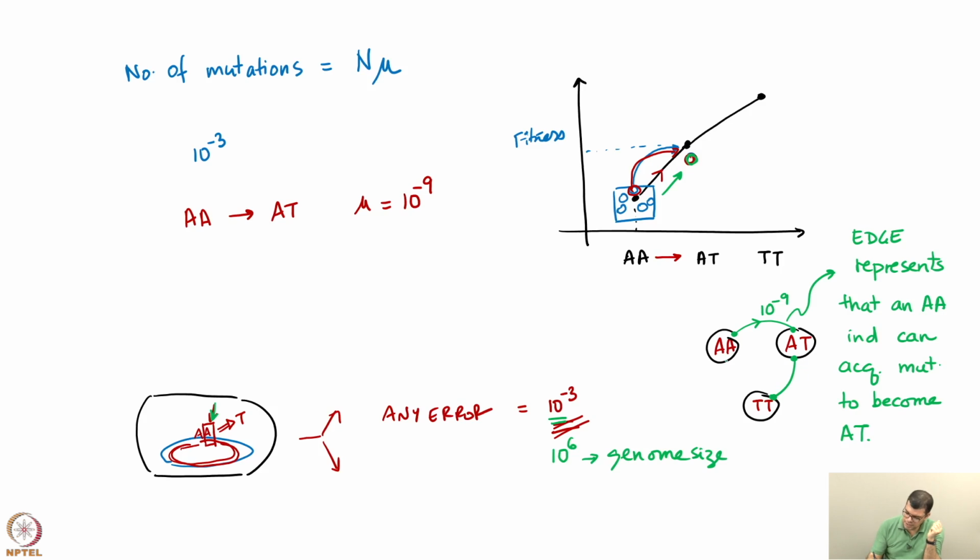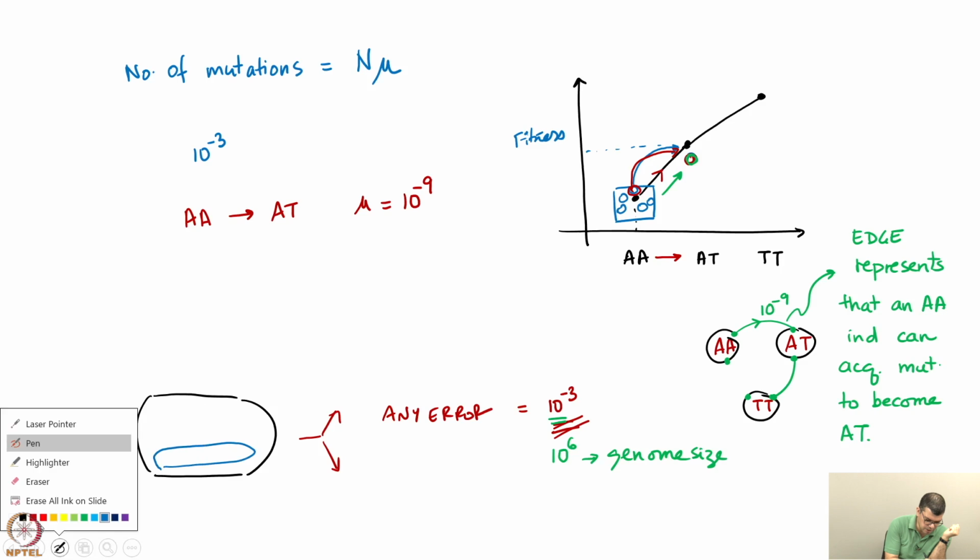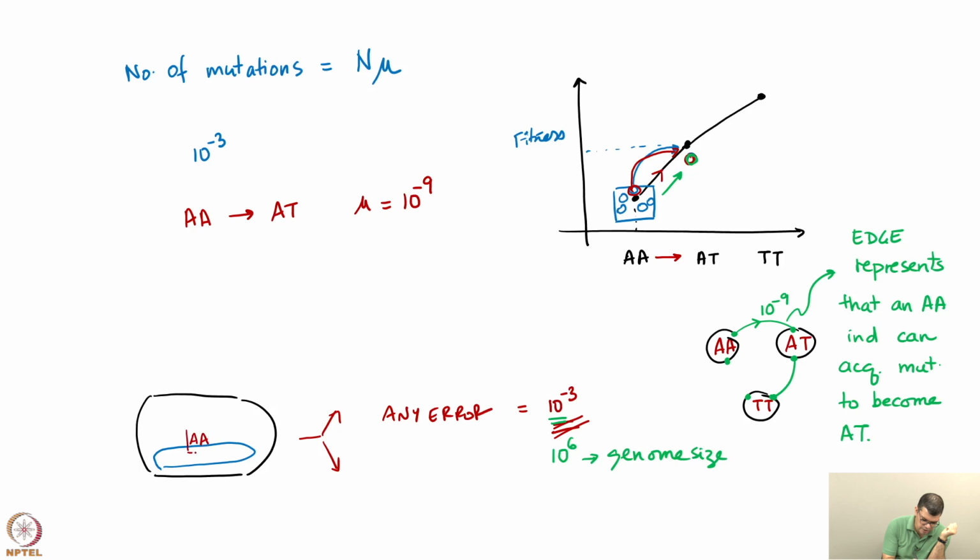Now, we want to understand why we are not connecting AA and TT. So, to understand that, if we look at this E. coli cartoon again, we see that we have this genome, and at a particular location in the genome I have AA, and the change that I am seeking is that this AA should become TT.